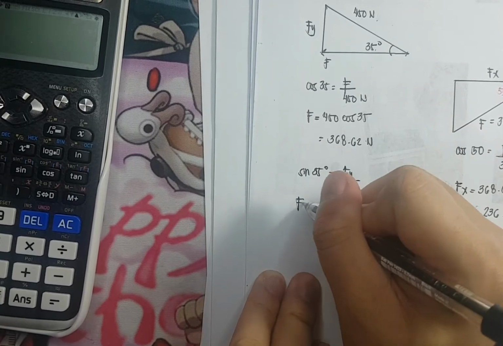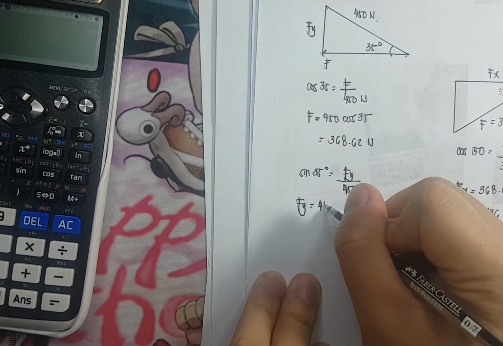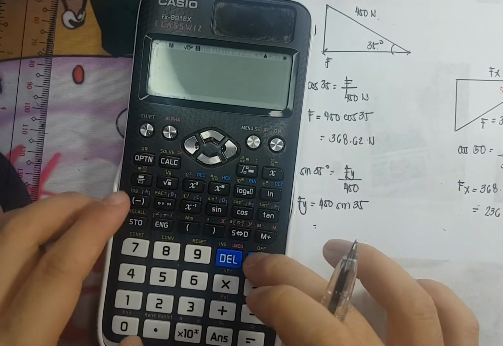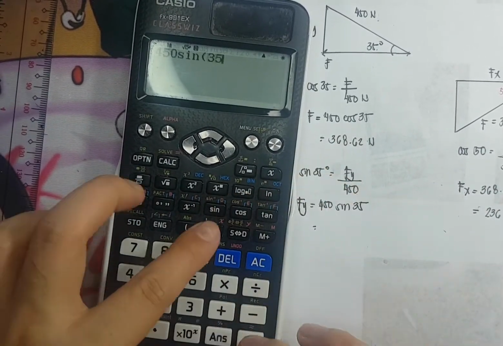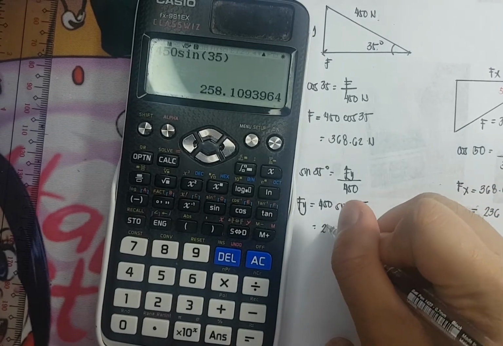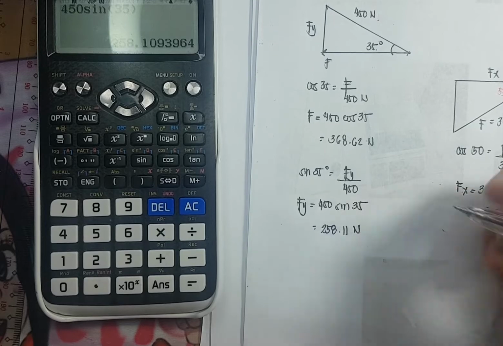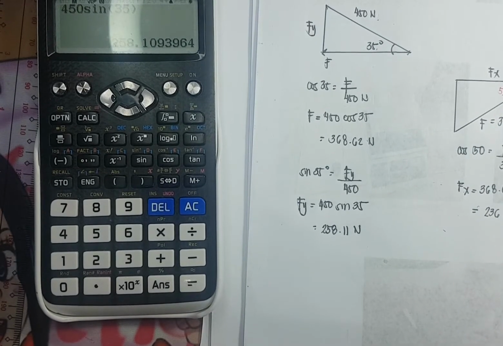Cross multiply, Fy is equivalent to 450 sine 35. And that is equivalent to 258.11 newtons.